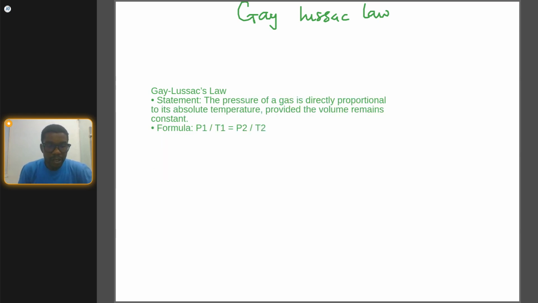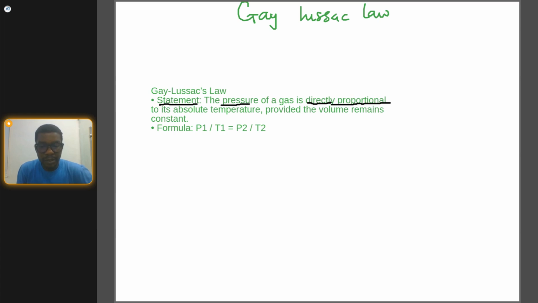It states that the pressure of a gas is directly proportional to its absolute temperature, provided that the volume remains constant.